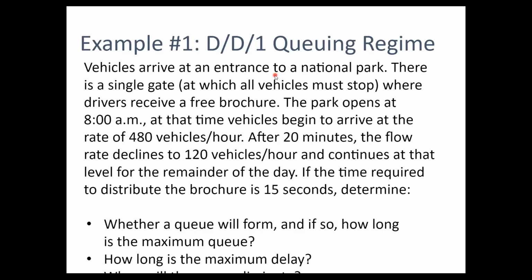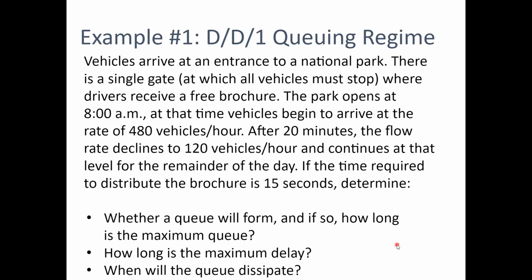So initially, people arrive faster because everybody gets there at 8 o'clock, and then the flow rate declines. If the time required to distribute the brochure is 15 seconds, so when the ranger gives the brochure, says good morning, it takes 15 seconds for each driver to get their brochure. The question is whether a queue will form, and if so, how long is the maximum queue? How long is the maximum delay? And when will the queue dissipate?